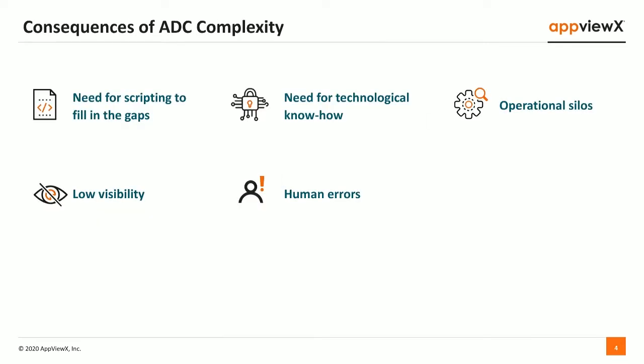The consequence of this is that some level of scripting is being done to address these capabilities: some of the self-service capabilities, monitoring capabilities, enable, disable, extended ECV monitoring, things like that. Then you need technical expertise, a pool of engineers who are pretty good at understanding Layer 4 to 7.